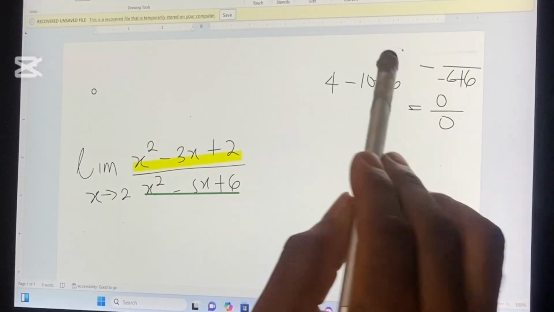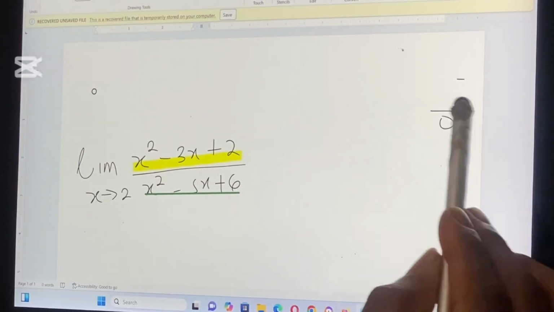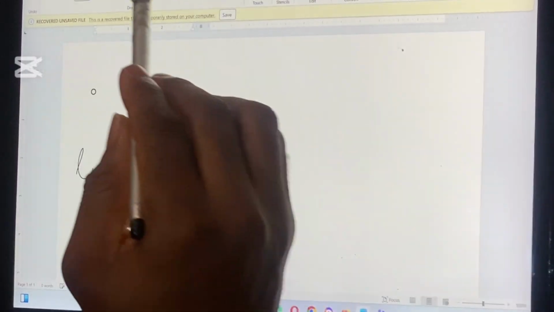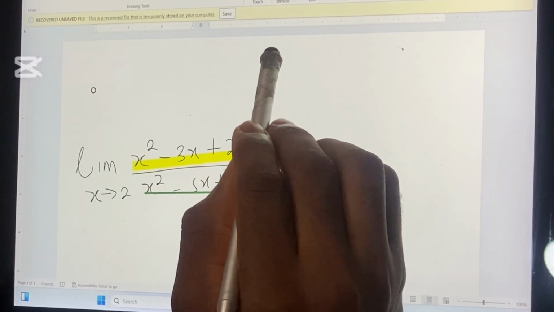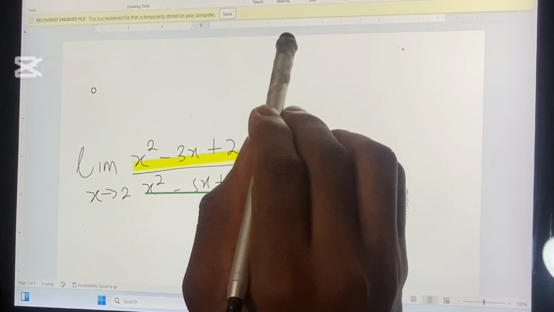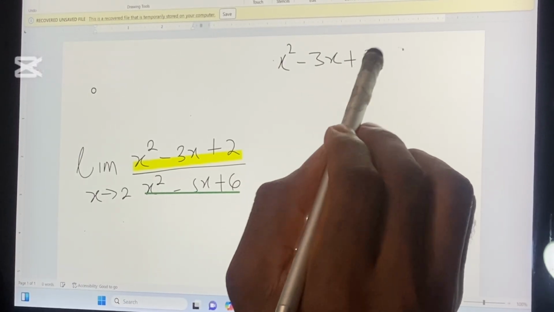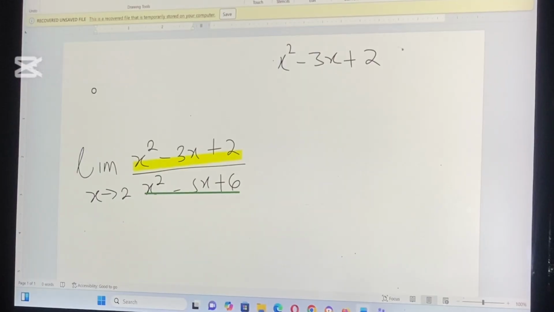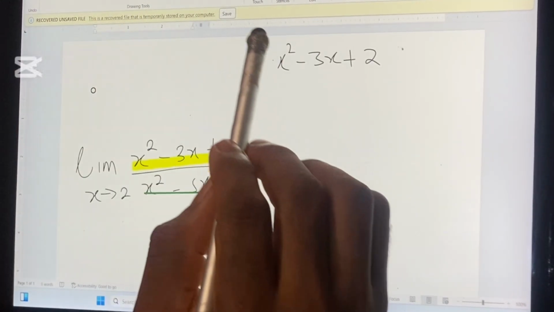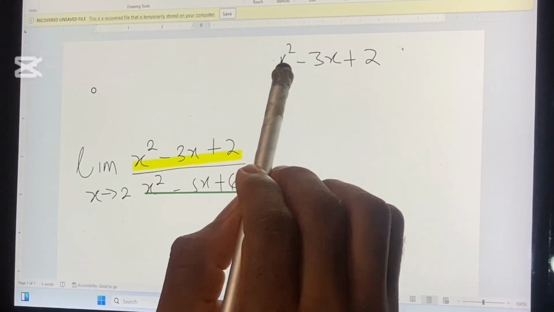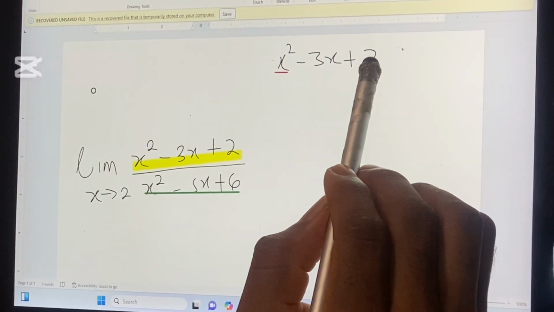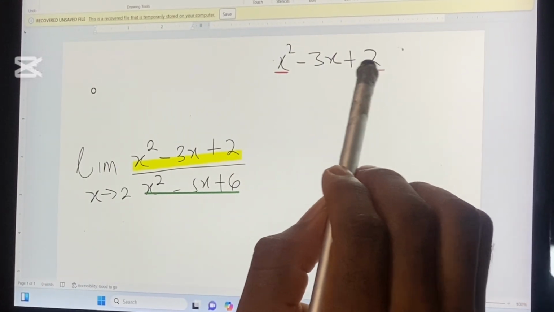So the numerator part here is s squared minus 3s plus 2. Class, I will find the target factor. How do we find the target factor? I will look for the coefficient of s squared and multiply it with the constant part.